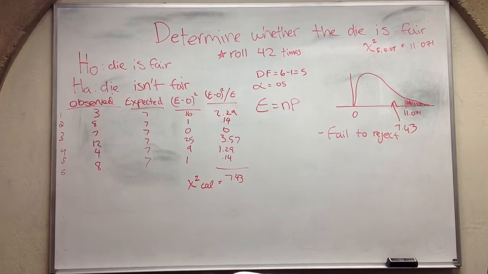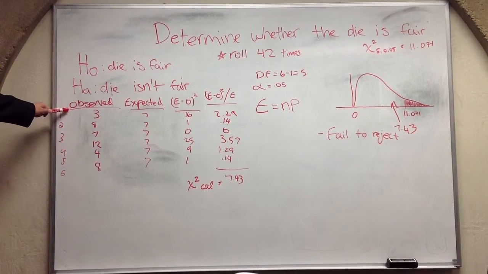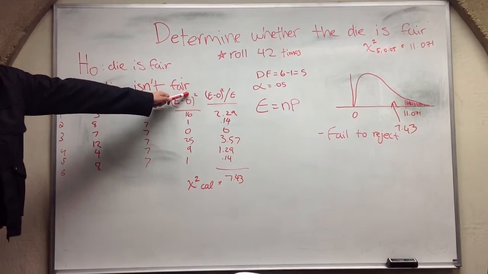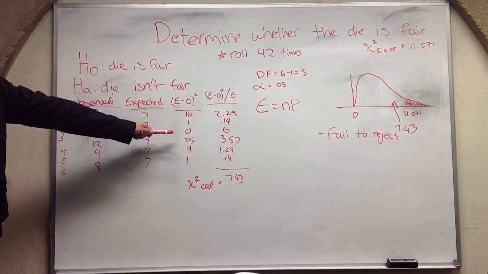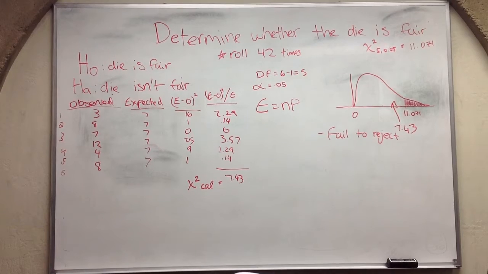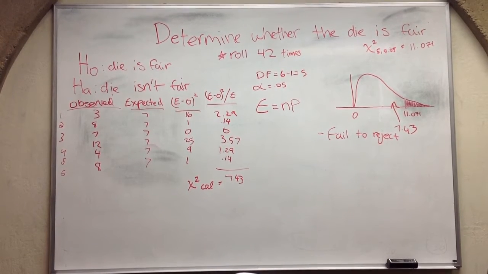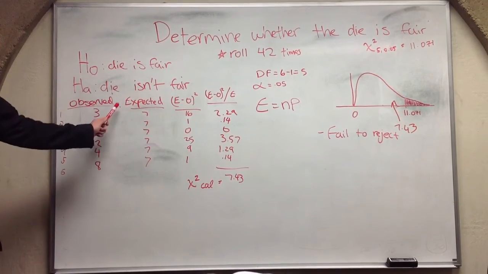And then for the next part, you take the expected value, you subtract the observed value, and then you square it. And we got 16 for the first one, then 1, 0, 25, 9, and 1. After that, you take the values you just got and divide by E, expected.